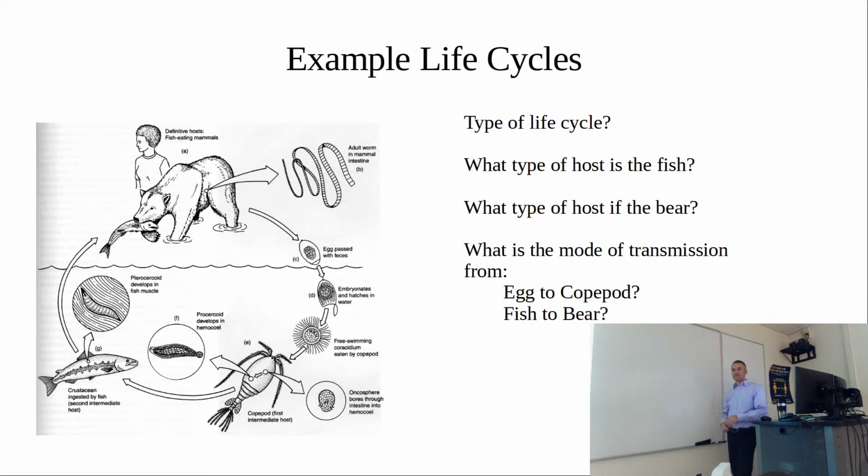What's the mode of transmission from the egg to the copepod? Active. It's free swimming. It's going to swim around, try to get into habitat overlap with the copepod, who will then feed on it, mistake it for some food. All right. What about from the fish to the bear?